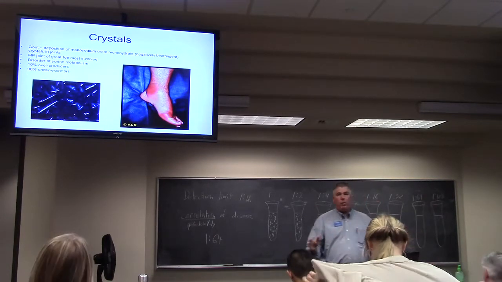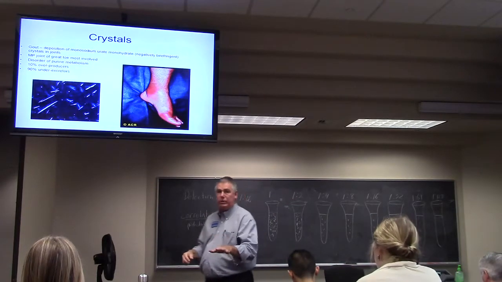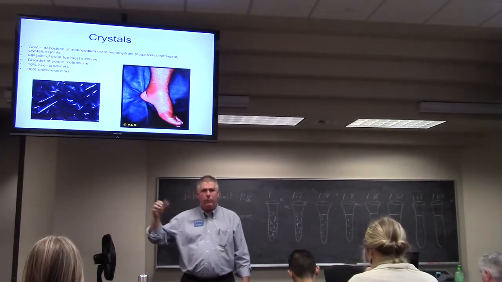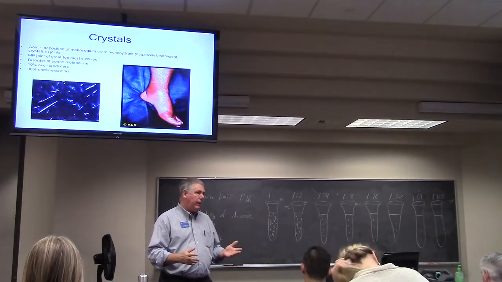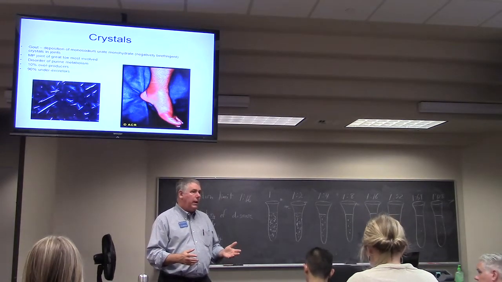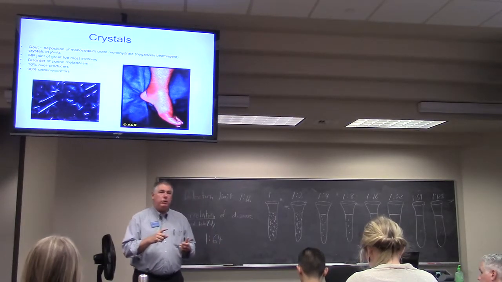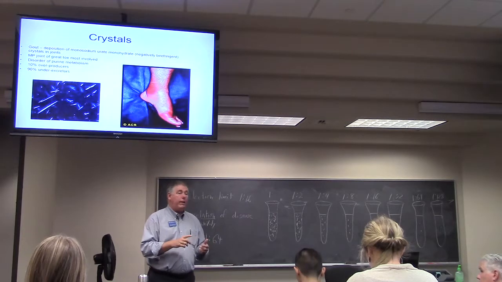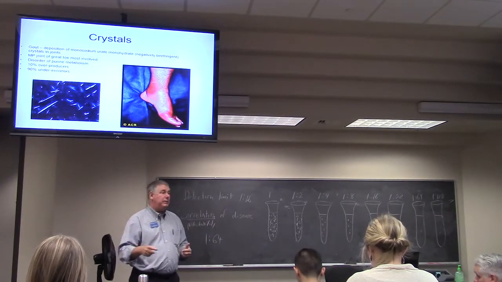There are a lot of people walking around with a high uric acid level. They're either overproducers or undersecretors. You guys know about that? So it's not the high uric acid level that causes gout. It's the change in uric acid level. When you have a change in uric acid level, either it goes up or goes down, that's what precipitates the crystals.